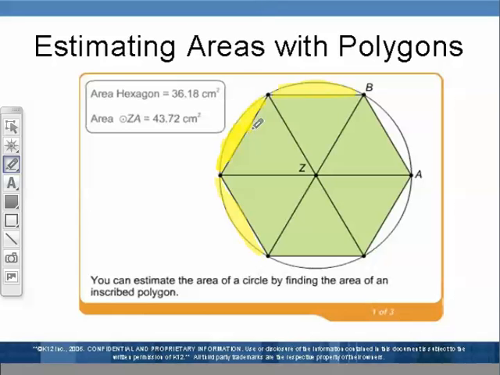As they got more and more sides on their polygons and calculated the area, shrinking this yellow down more and more, it got closer to pi r squared as the answer. And you can just do that over and over again. But that's one of the historical facts that goes along with geometry.